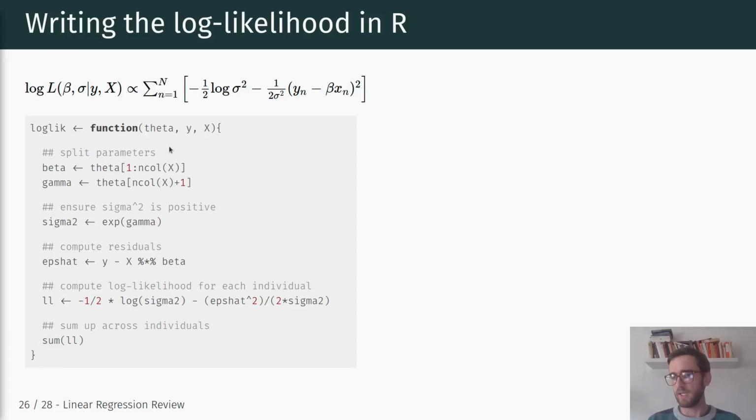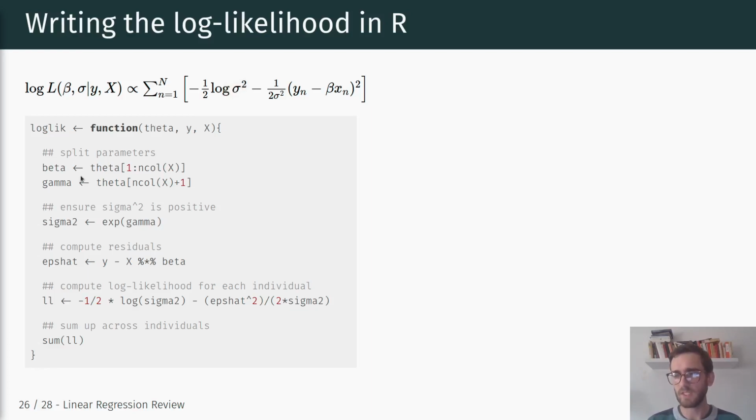Okay. There are a few R programming steps that we have to go through in order to be able to maximize this log likelihood function. The first thing is we want to take this theta and split it up into 2 parts. One is a vector of beta coefficients, and the second one is gamma. Gamma is just a placeholder. Ultimately, that will turn into our sigma squared.